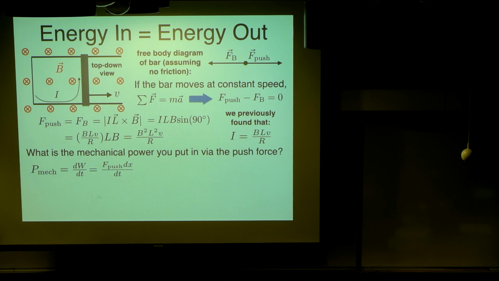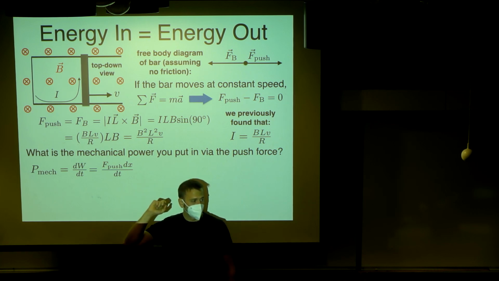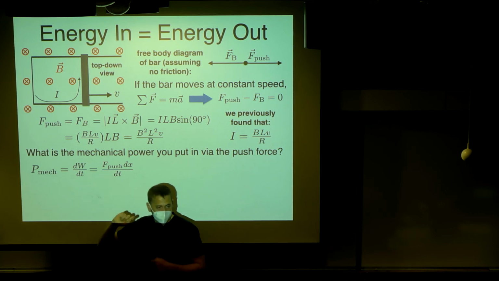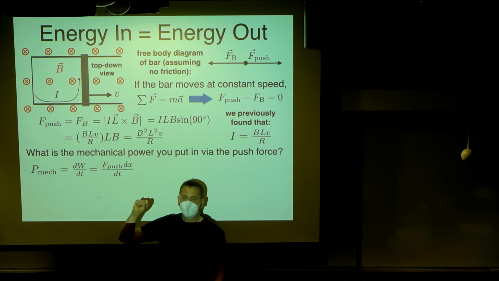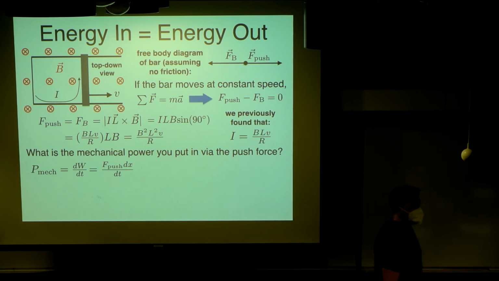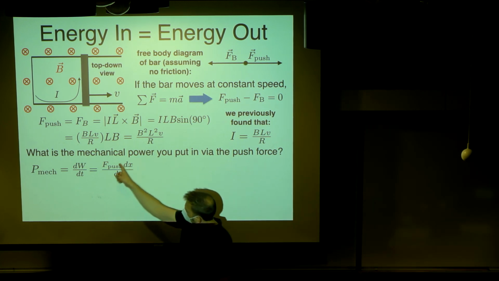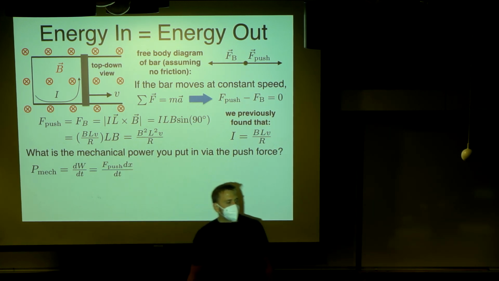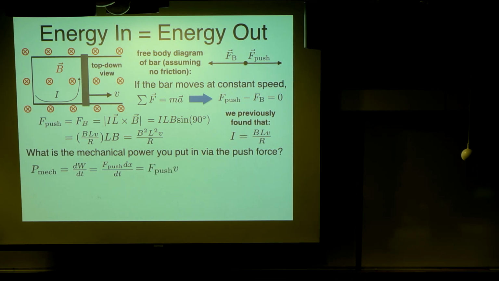And I don't know if you remember this as well, but work is just force acting over a distance. So on top, for work, I'll put the force of my push times dx, some tiny infinitesimal distance over which I exert the force. And then that's divided by t, and notice we have dx dt right there. You guys recognize that? That's v, that's how fast the bar is moving.